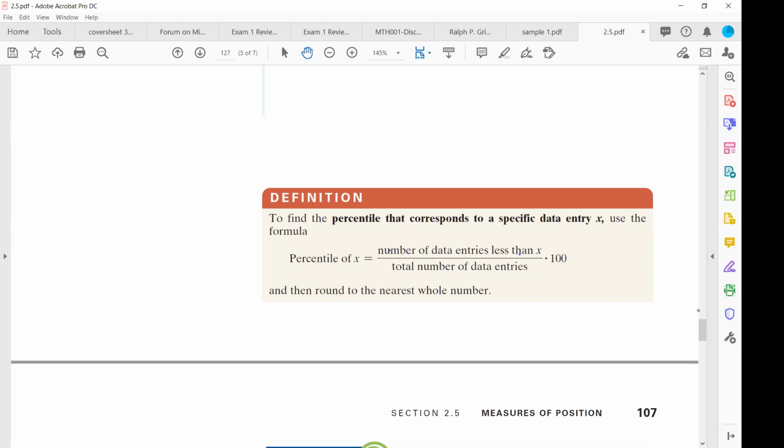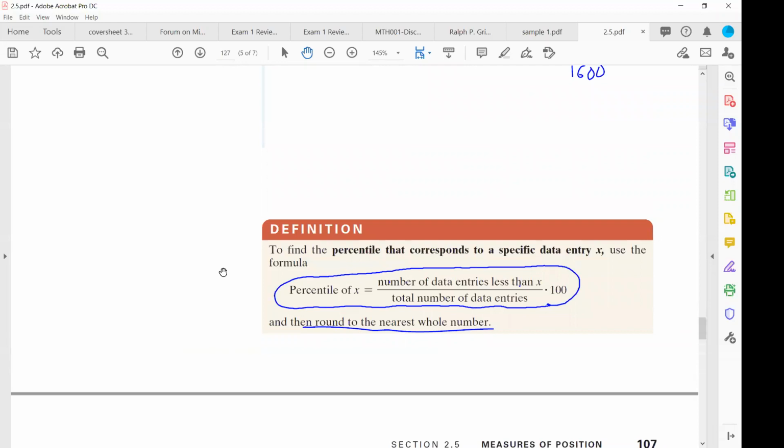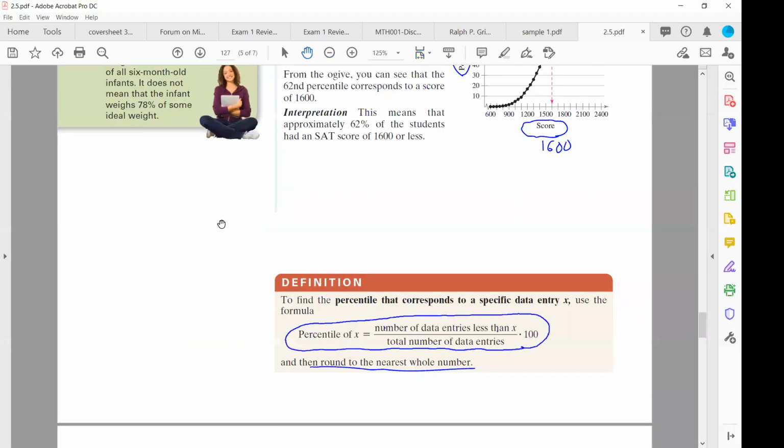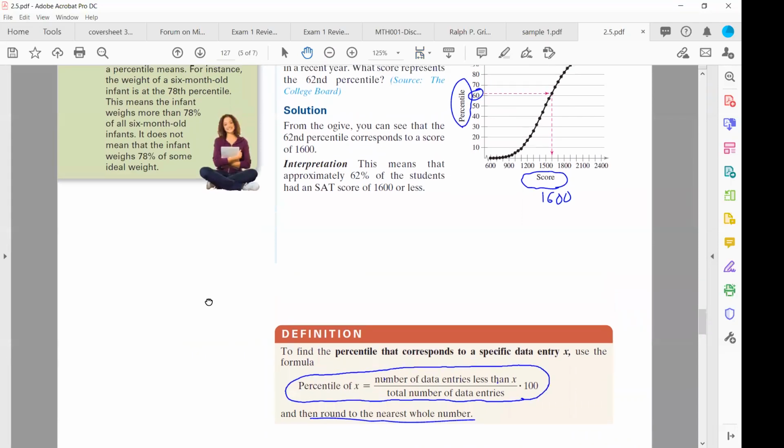How many data do you have in your collection? Do the division, multiply it by 100, and round it to the nearest whole number to find the percentile of the number that you have. That is reading the graph and actually doing algebra to calculate the percentile of a number.